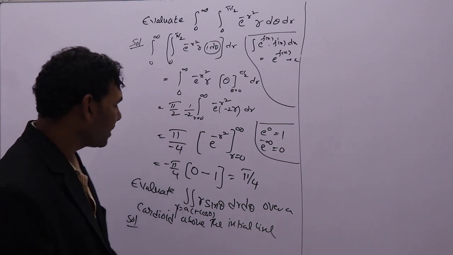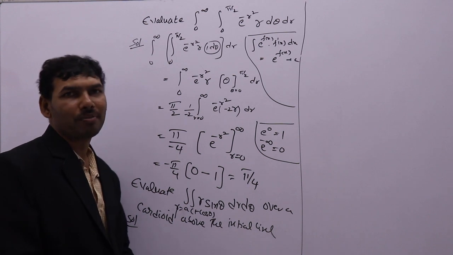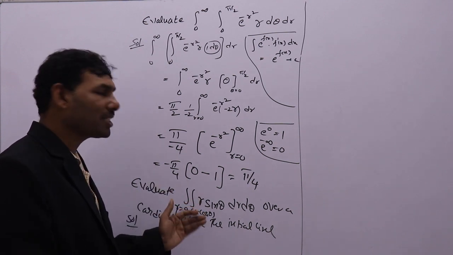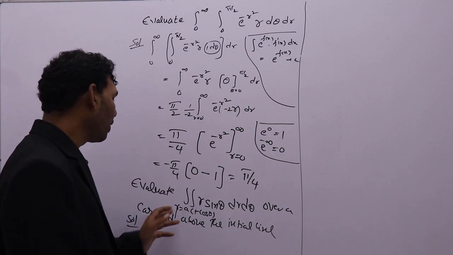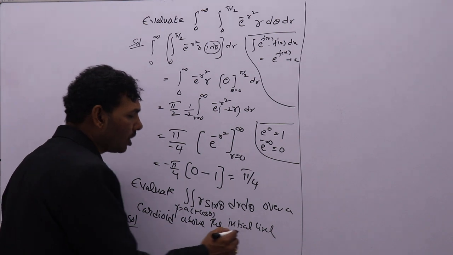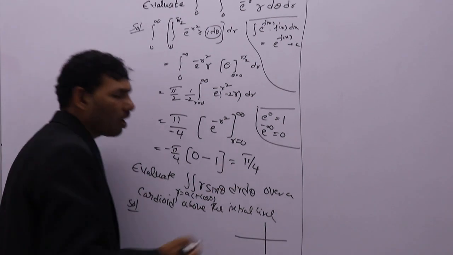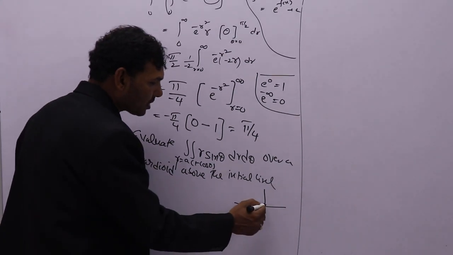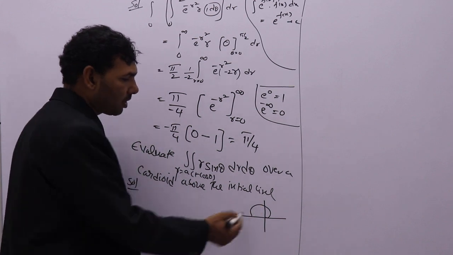To evaluate this, as I said in Cartesian form, keep one variable's limits as constant and the other variable's limits in terms of the other. That means if you keep theta limits constant, you need to write r limits in terms of theta. For that, you need to draw the exact figure of the cardioid. So the cardioid figure will be like this.